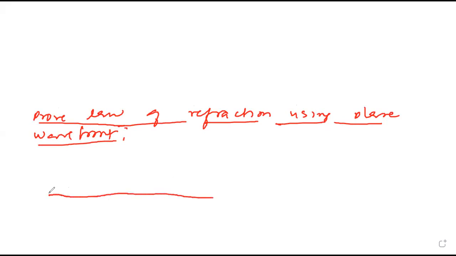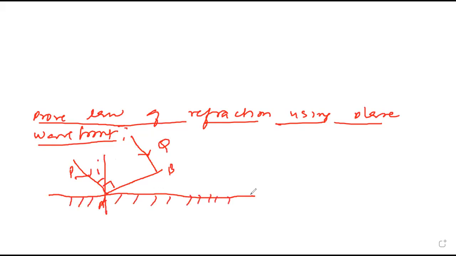So consider plane wavefront AB bounded by rays PA and QB to be incident on plane refracting surface XY at an angle of incidence I. Therefore, PAL equals I.